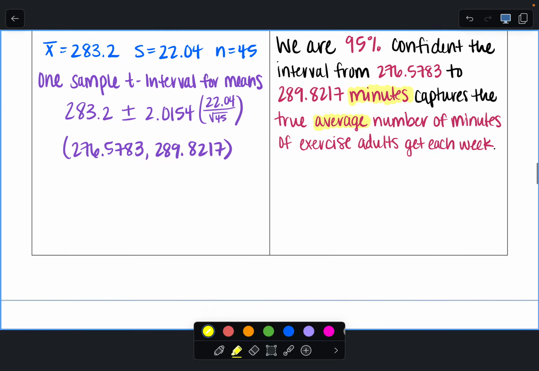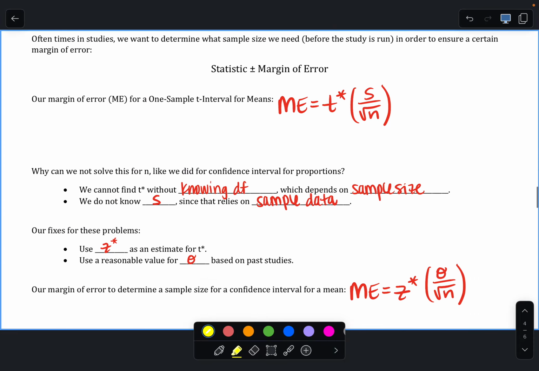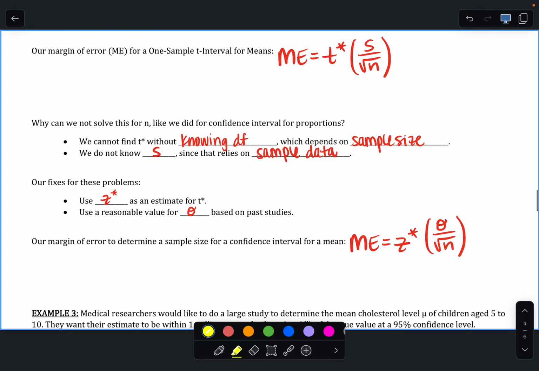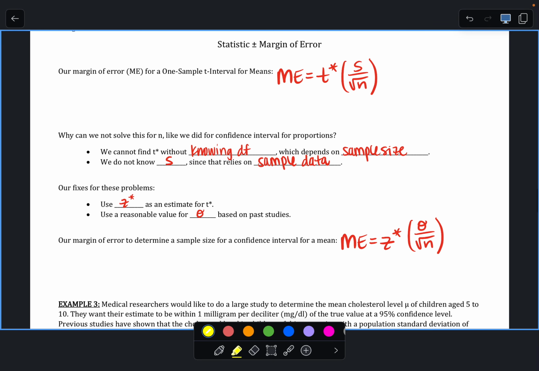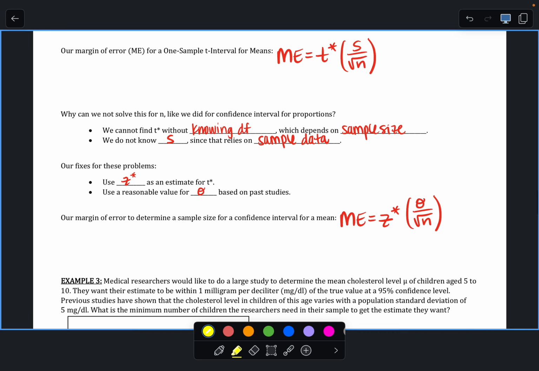So what ends up happening is we revert back to our previous formula where we know the population standard deviation. In this case, we cannot use t-star because you need a degree of freedom, which is n minus 1, and we don't know what n is.